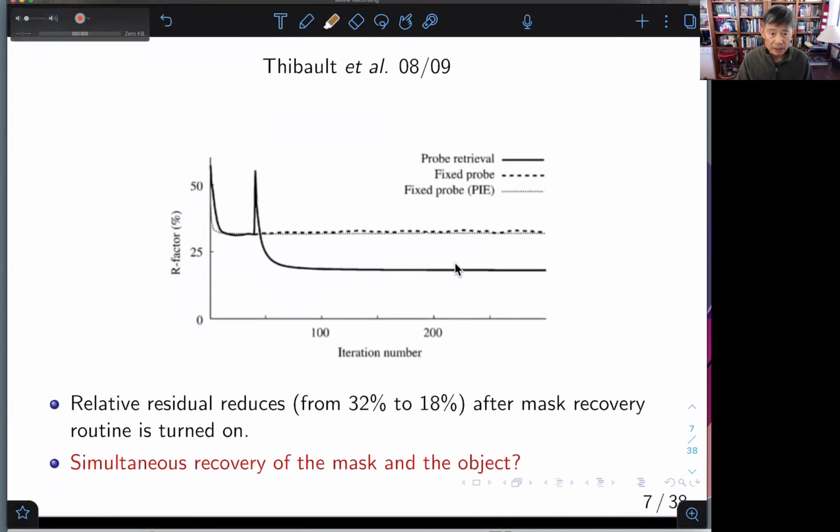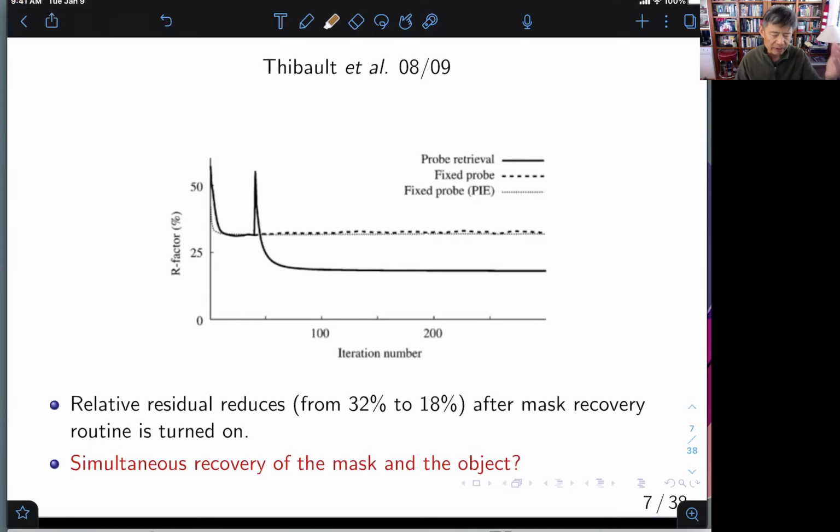The dotted line is the fixed probe using their algorithm, which is not very effective, but nonetheless, that's what they had back then. Then they used their estimated probe function, or the window function, to do reconstruction, and that's the dashed line, I think for a different algorithm.